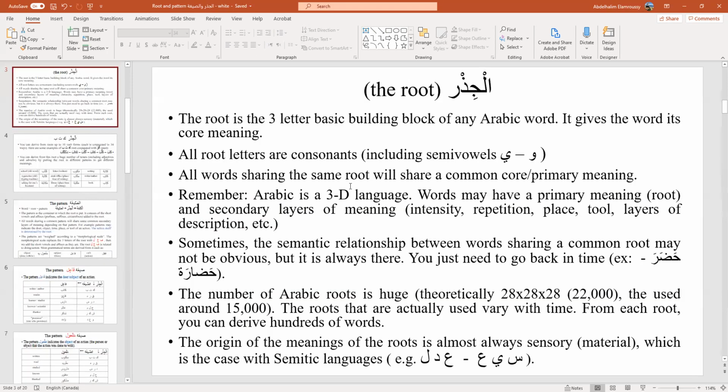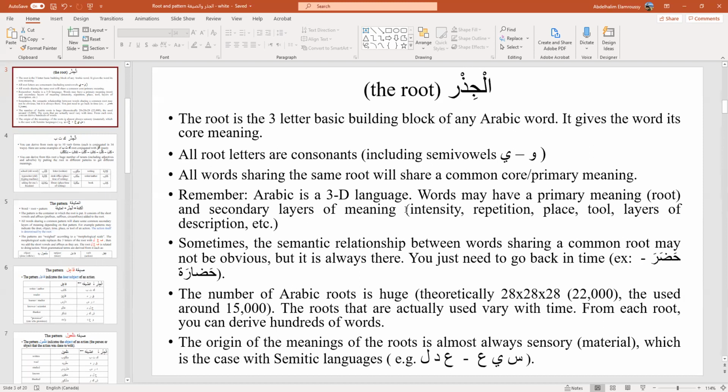Arabic is a 3D language because it consists of two components that are combined together through a process called derivation in order to form new words. So basically, any word will have two components, which is a root and a pattern.